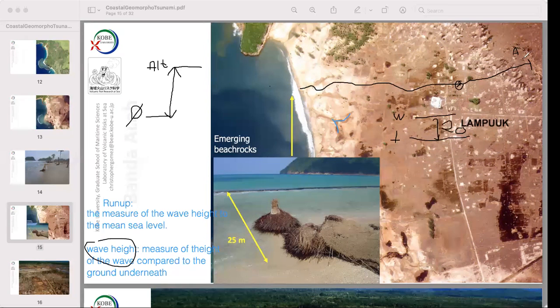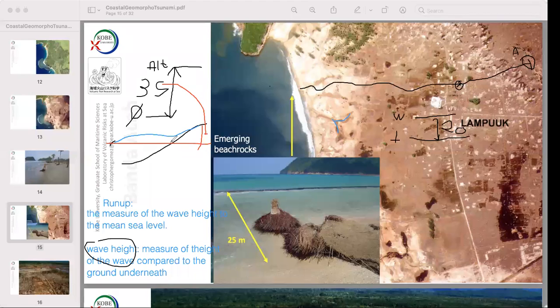And when you want to measure, let's say here, the maximum run-up, which may be, let's say, 35 meters. If you have a slope, and the tsunami went like this, the run-up in that case is going to be here, 35 meters.